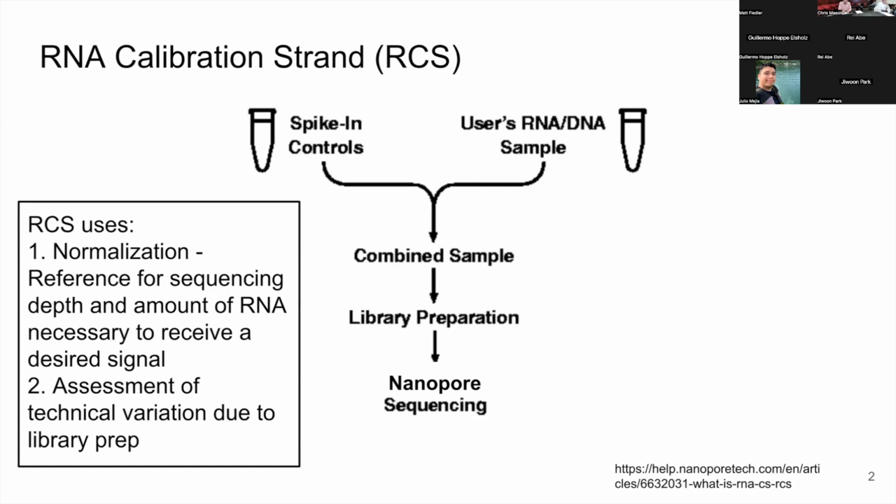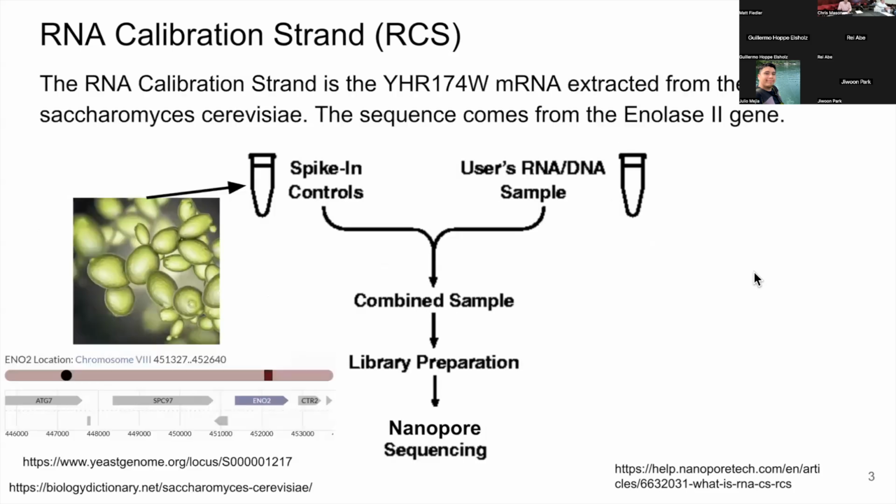Carly and I were talking about that the other day. So that's really important for a lot of these methods and experimental design. And the second thing is it gives you an assessment of the technical variation due to library prep. There are other things as well, but we're not going to get into those.